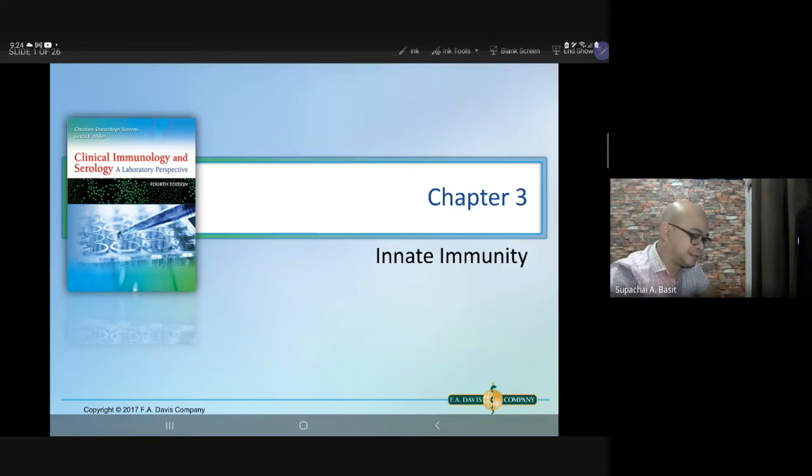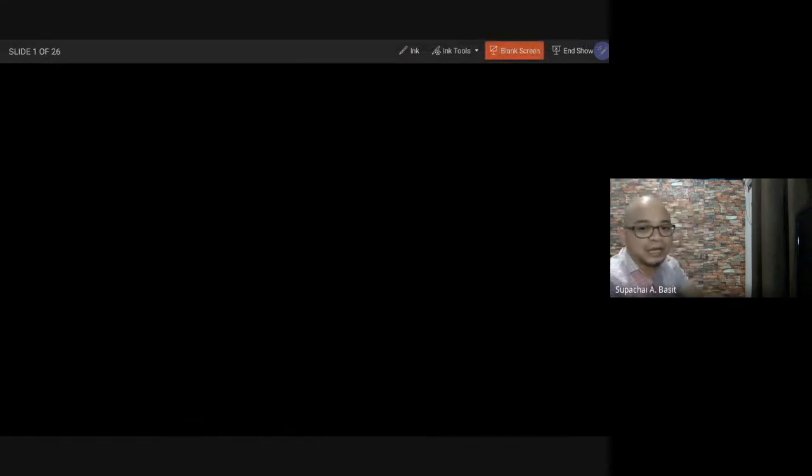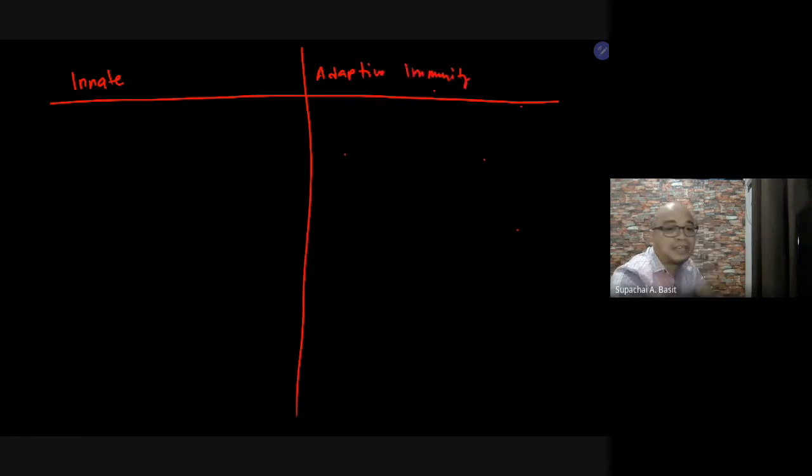The other one is the adaptive immunity. So before we proceed, let us differentiate first. What is the difference between the innate and the other one, adaptive immunity?